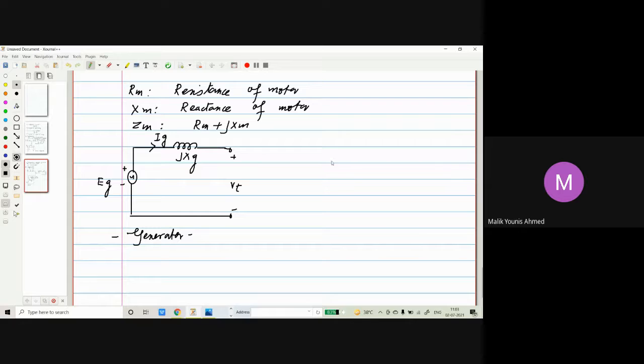In case of motor, we have just seen, we have reactance here for the motor.